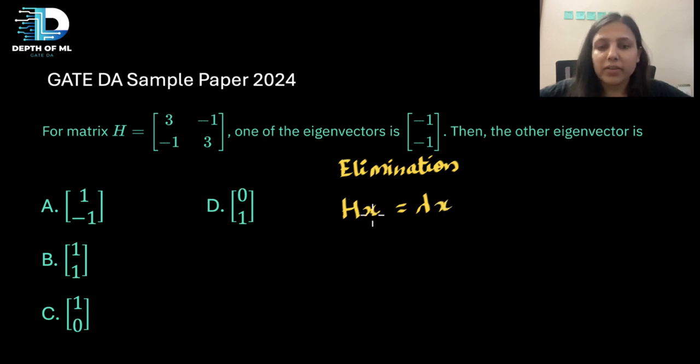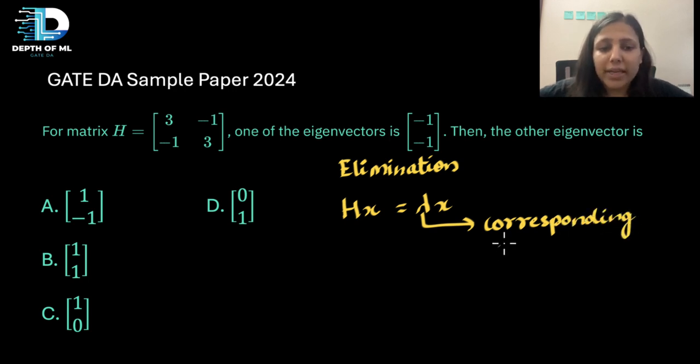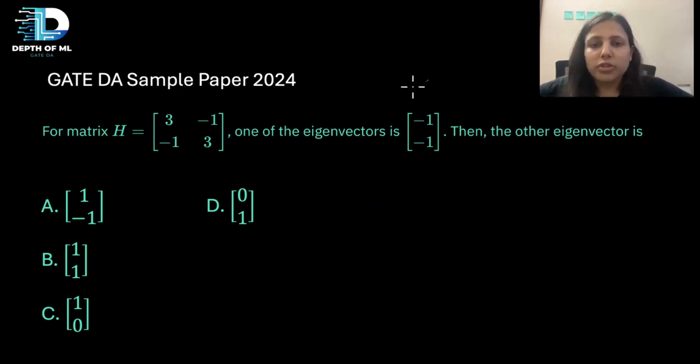So basically the vector will either get shrunk or elongated based on the corresponding eigenvalue. So if lambda is the corresponding eigenvalue, then Hx will give me lambda x. Fine. So let's see if we can do that.